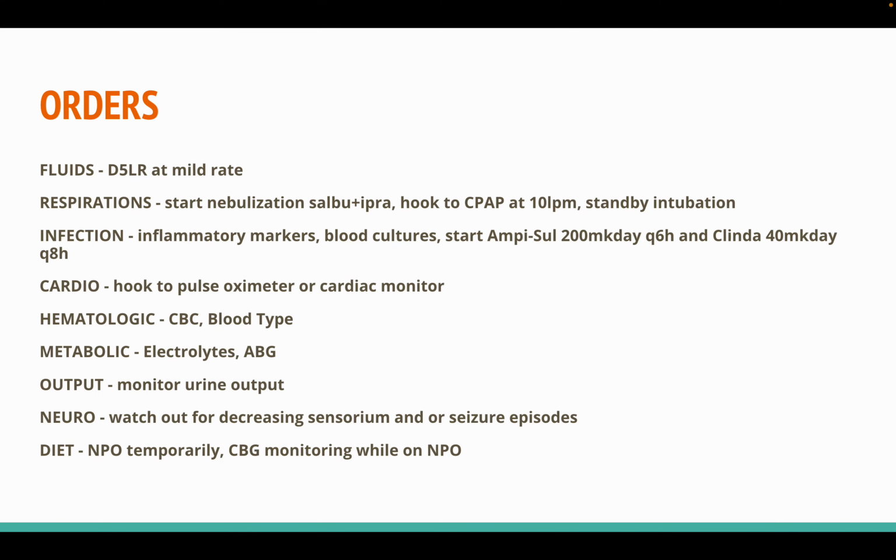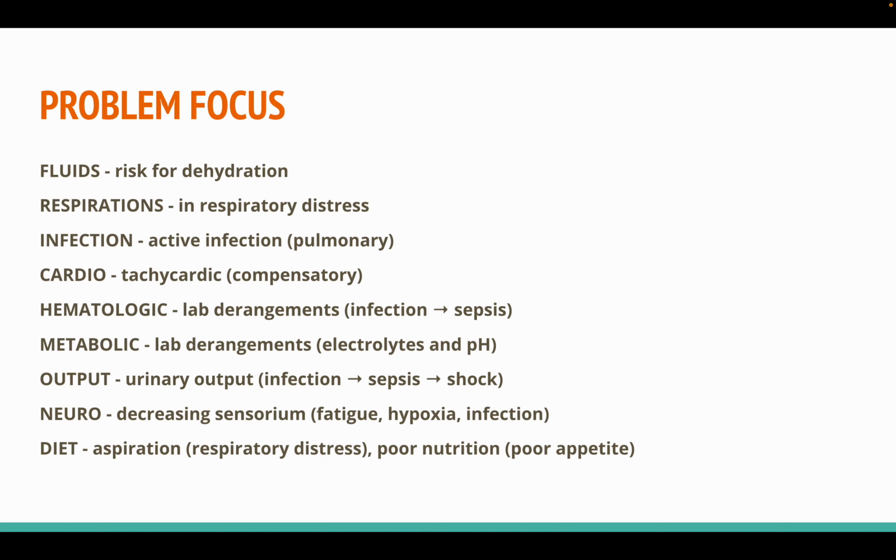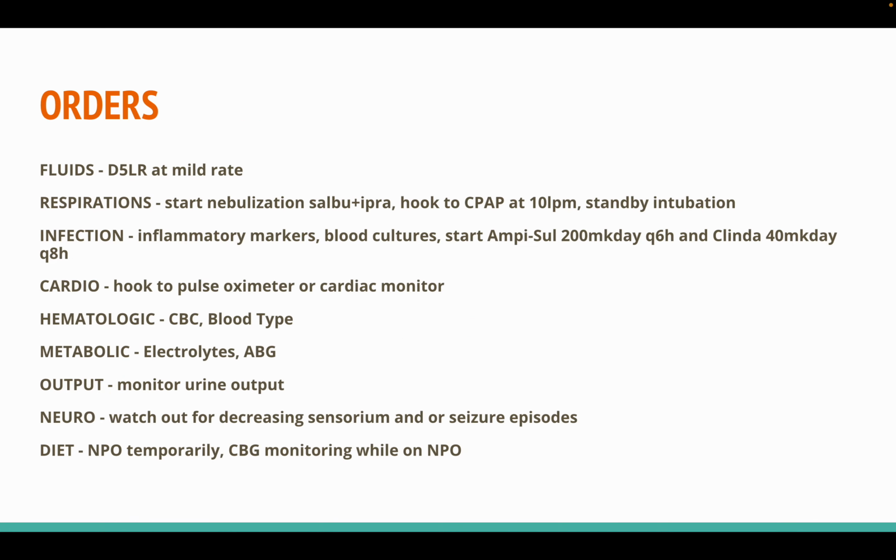And then on the respiratory side of things, since our patient is in respiratory distress, upon writing your order, you could start nebulization like salbutamol, and then you could hook the patient to a continuous positive airway pressure, and you could also order standby intubation in case of progressive respiratory distress.